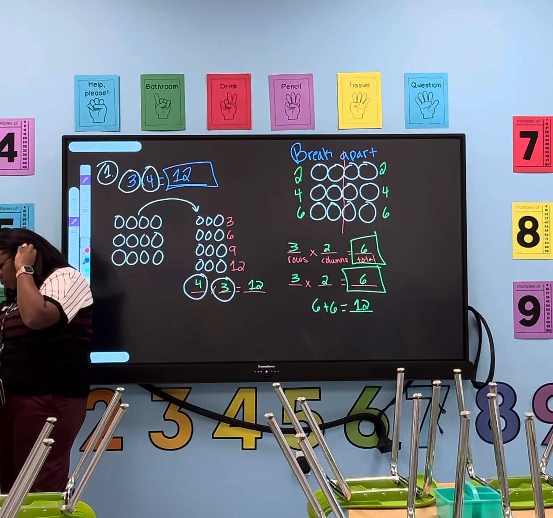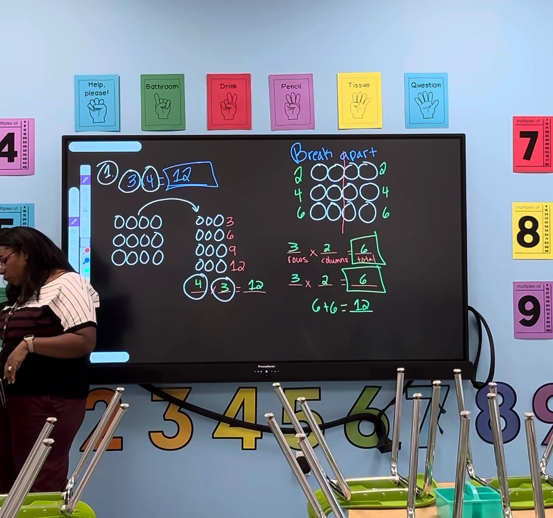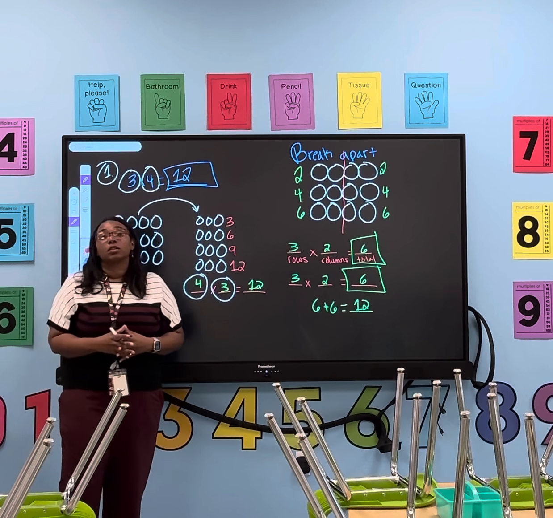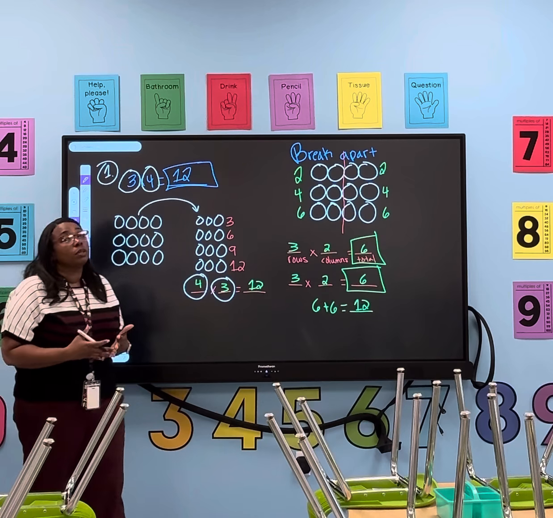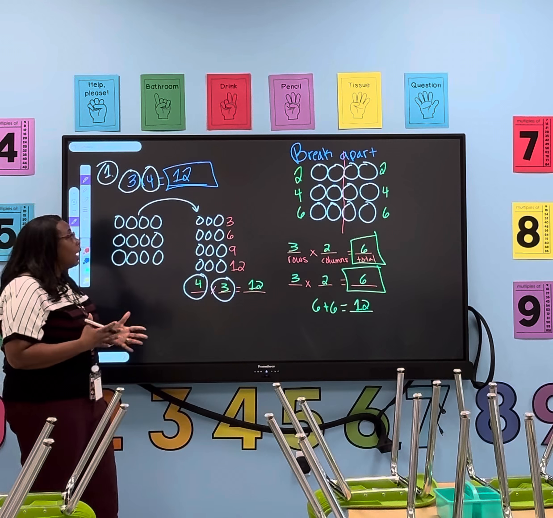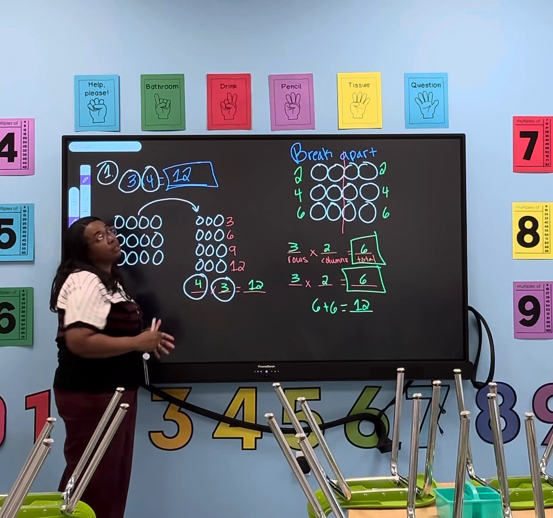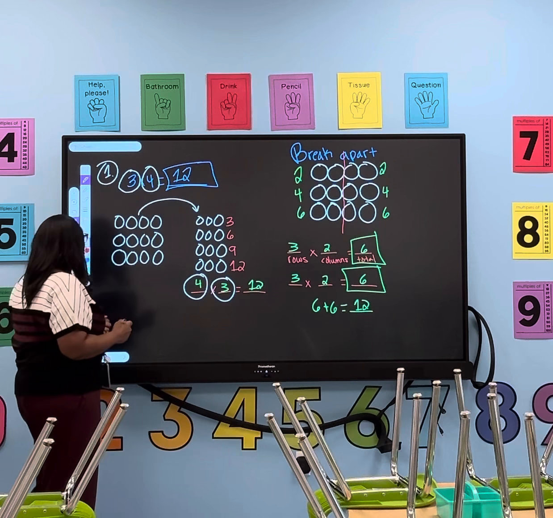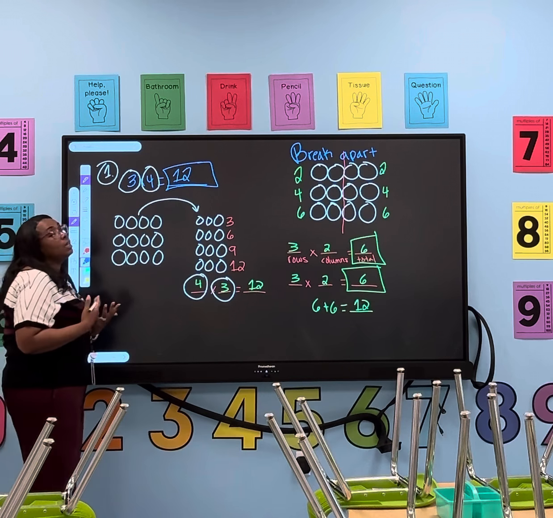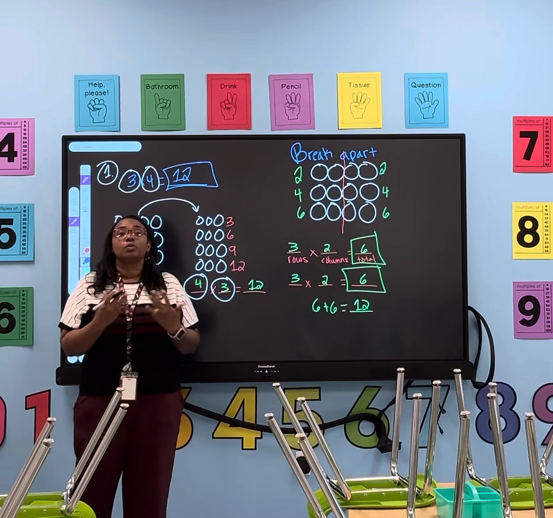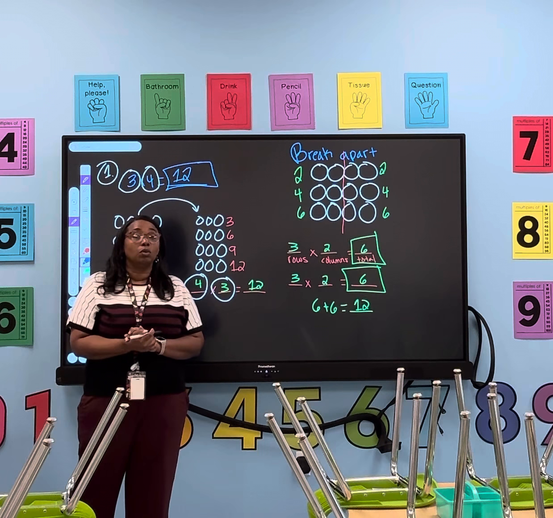Number 2 says, explain why you broke apart the array or changed the order of the factors. Well, the reason why we would change the arrays by breaking it apart or by turning it to change the order of our factors is because it makes it easier for us to solve in case we have numbers that we don't know yet.